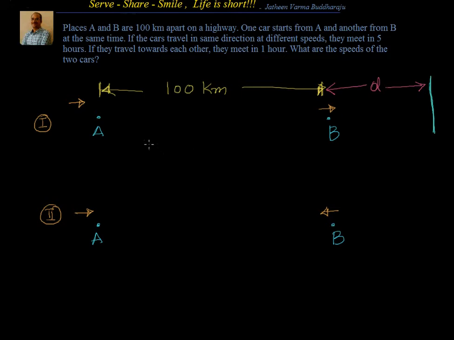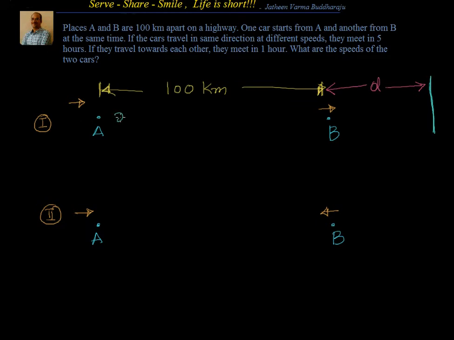Then you can see very clearly, if they both are traveling in the same direction, by the time B travels a distance of d, A will be traveling a distance of 100 plus d, so that they meet each other. That means A's velocity obviously will be more.